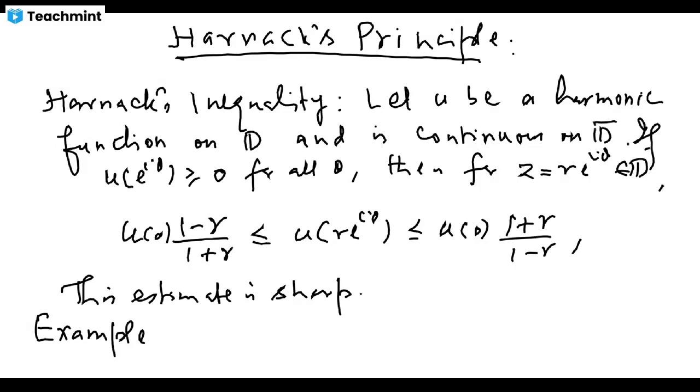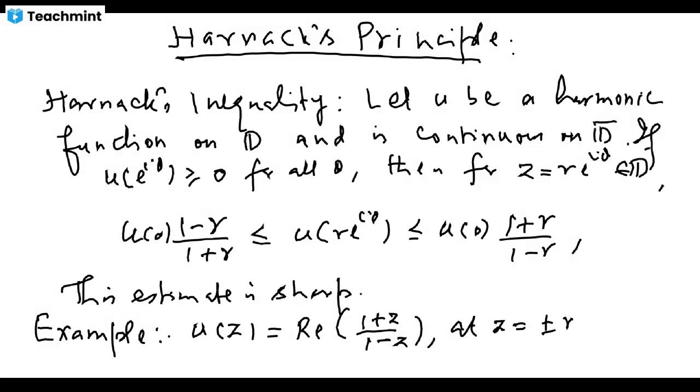The function for which this estimate is sharp is u(z) equal to the real part of (1 plus z) upon (1 minus z), which is a harmonic function obviously, and the equality holds in Harnack's inequality at z equals plus or minus r. You just apply Harnack's inequality and substitute the values r and minus r. You will see the equality holds throughout in this inequality.